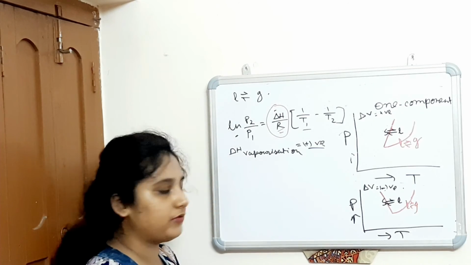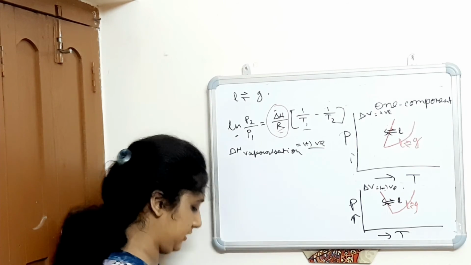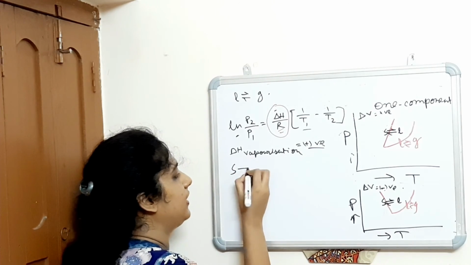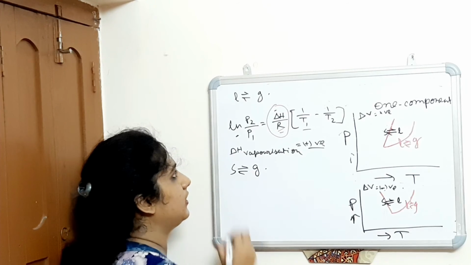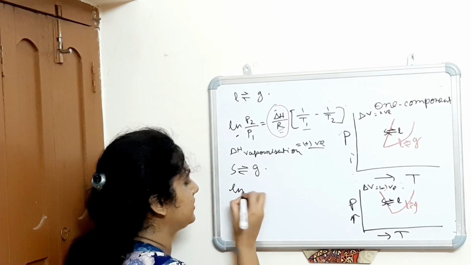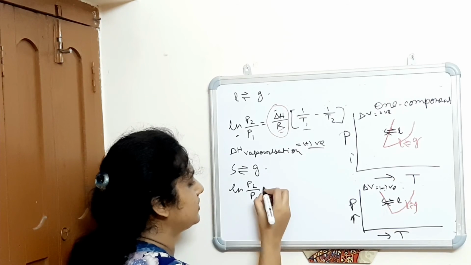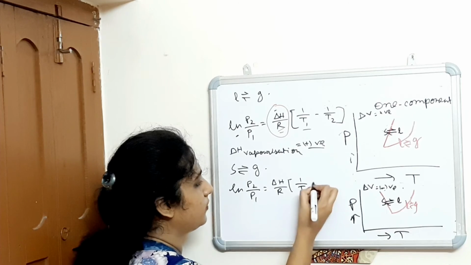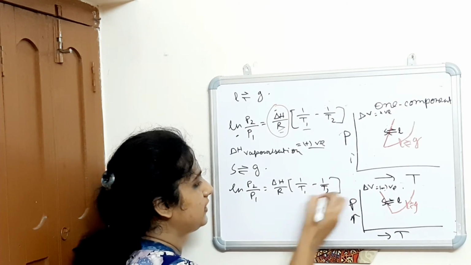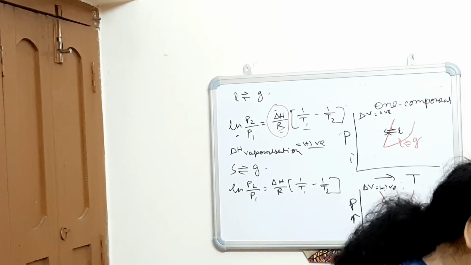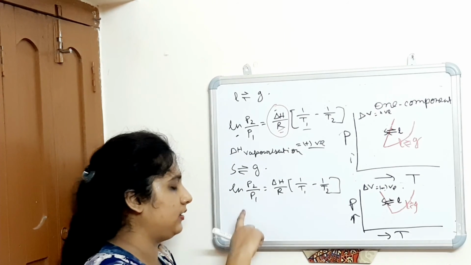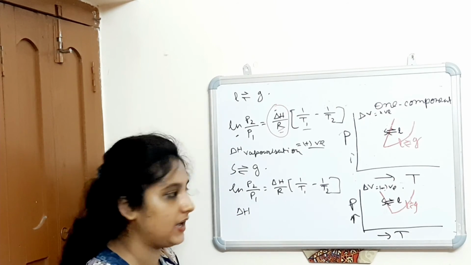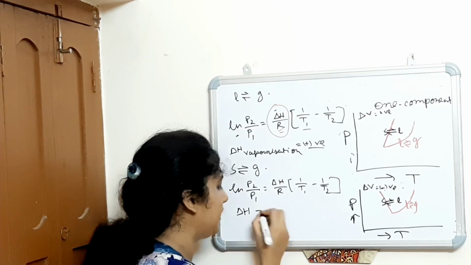The same thing is applicable for the solid gas curve. For the solid gas, we also consider the Clausius-Clapeyron equation, that is ln P2 by P1 is equal to del H by R times (1 upon T1 minus 1 upon T2), and in this case also del H, the enthalpy of sublimation, is positive.